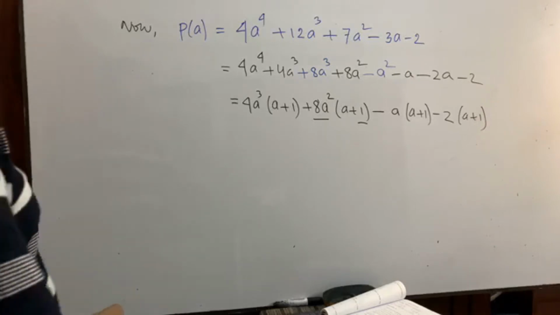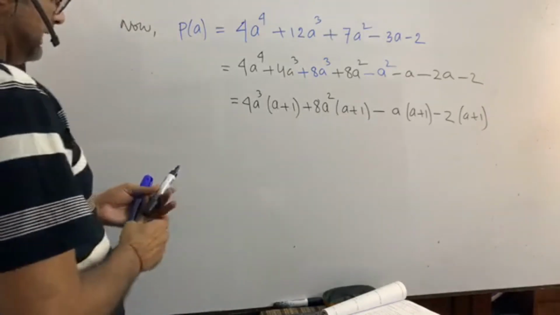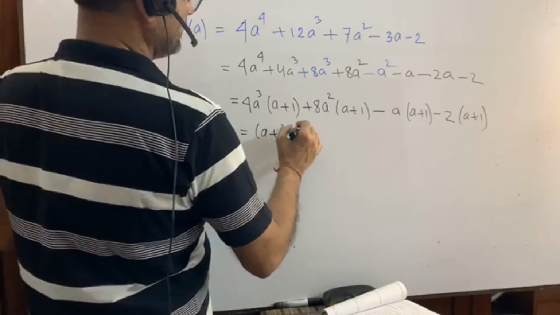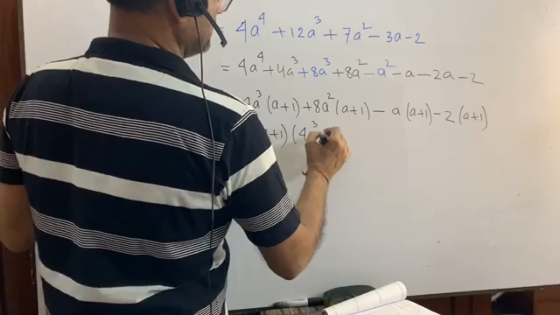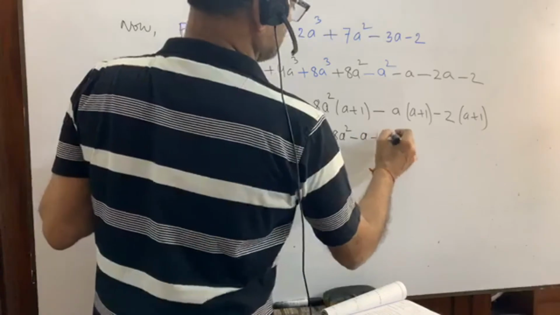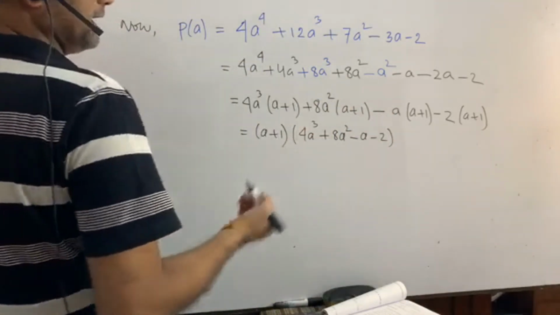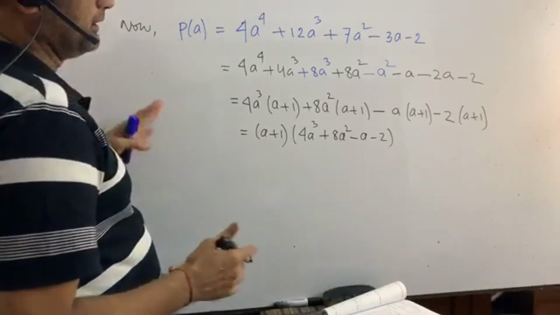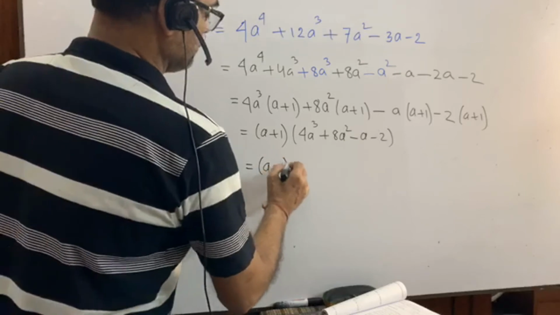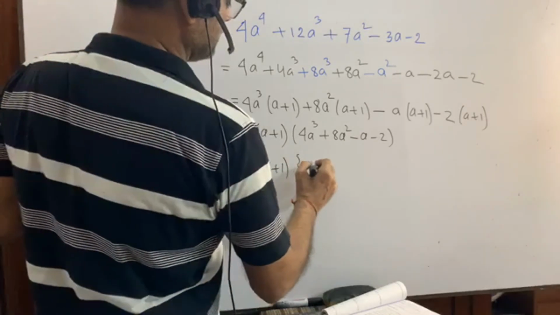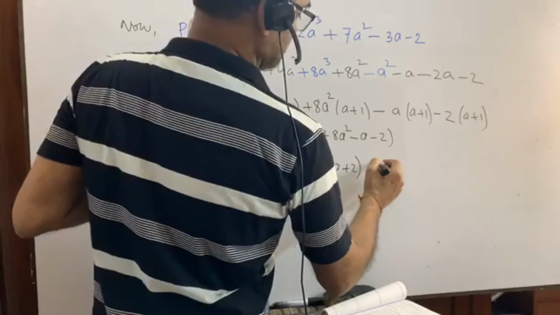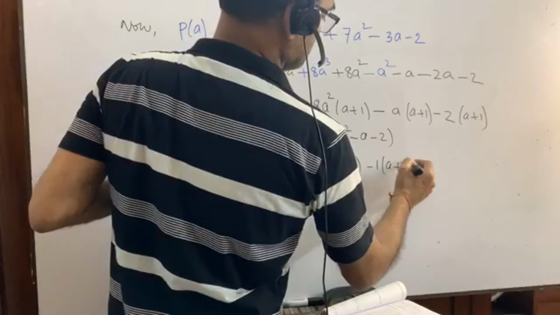Okay, please try to understand. Now we see it is a plus 1 into 4a cube plus 8a square minus a minus 2. Okay, now we are getting another polynomial, but we will do it very easily. A plus 1, we can take 4a square common here, that is a plus 2 minus 1 a plus 2.